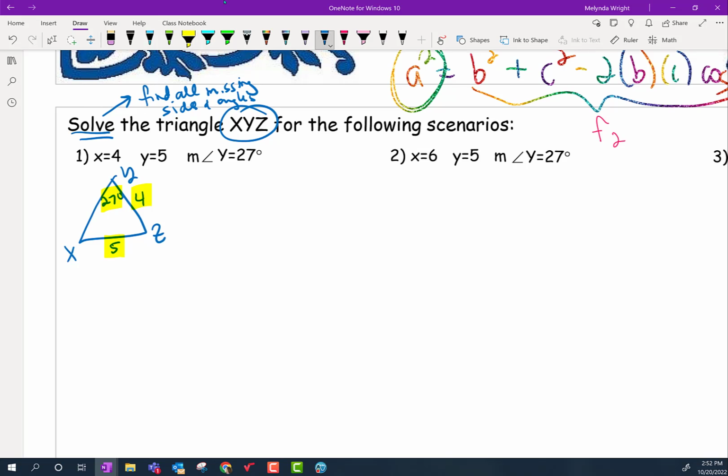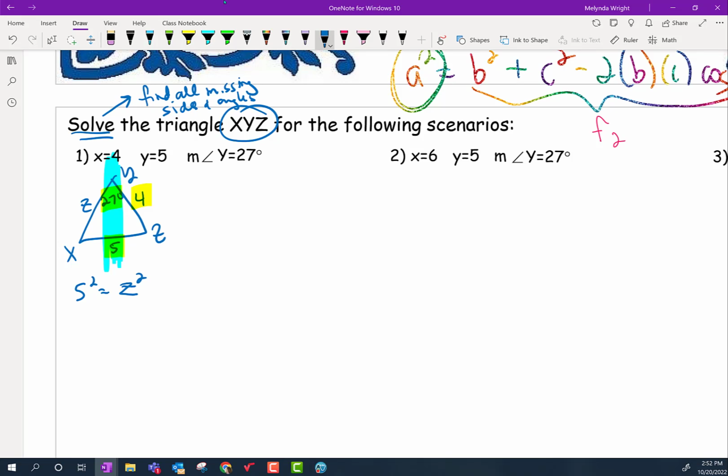We're going to set up our law of cosines. We're going to have to use this as our anchor. The only angle that we have across from that side, that's got to be our anchor every time, because it's the only angle that we have. So we would say 5 squared equals, and this is side Z. So in my formula, I'm going to use Z squared.